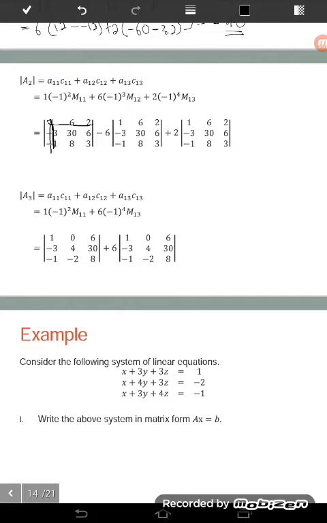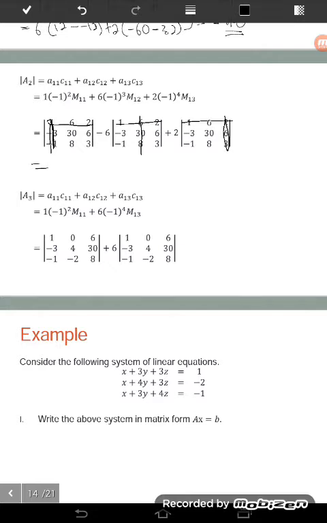Okay, and then here 1 times negative 1 power of 3, negative 6, then M12, so close row 1 column 2. Then this one, 2 times negative 1 power of 4, so 2, M13, close row number 1 column number 3.